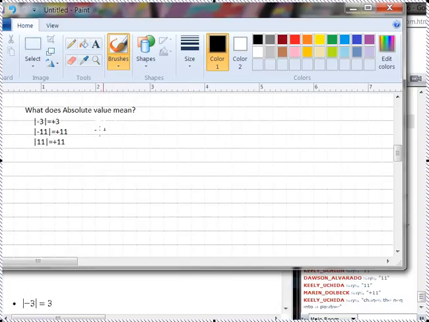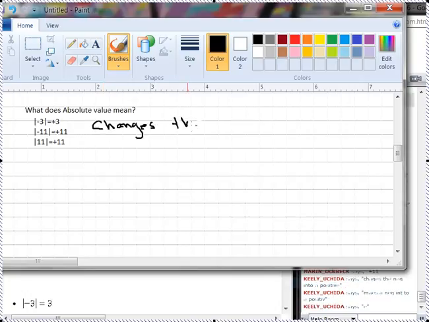The absolute value changes the negative into a positive. And if it's positive, then it keeps it positive. Does that make sense? Does everyone kind of see that?